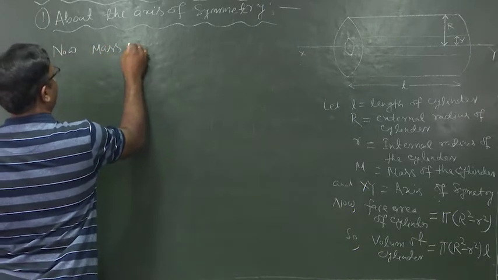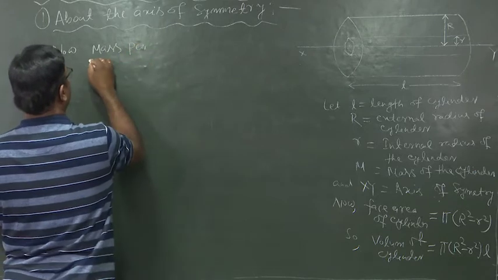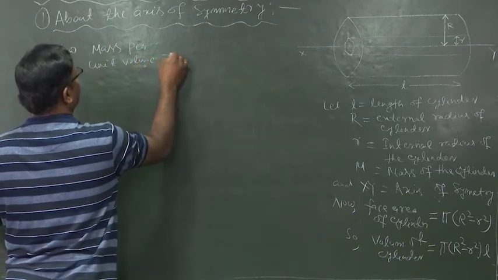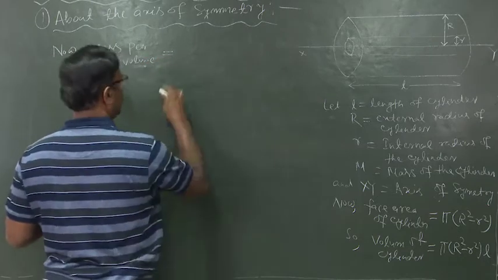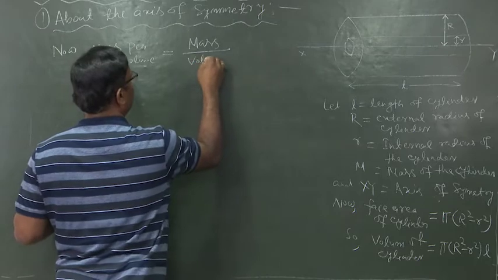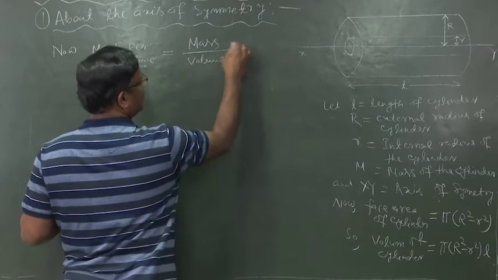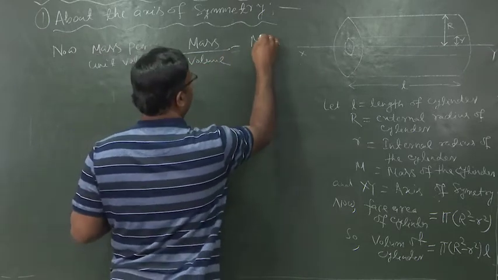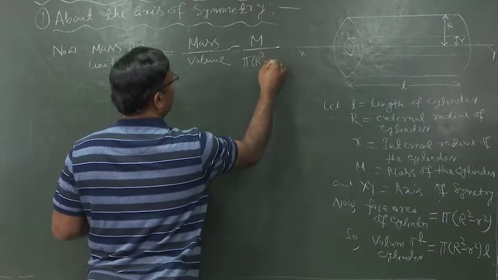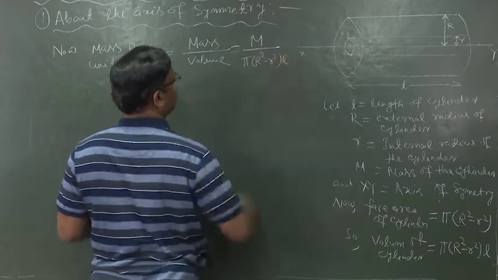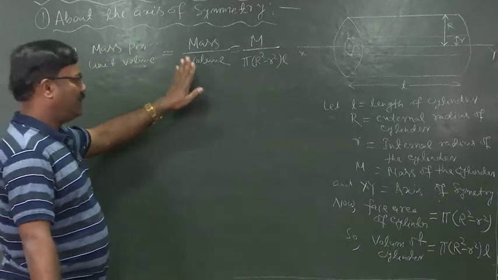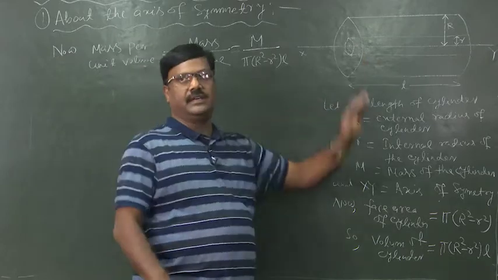Mass per unit volume is equal to mass divided by volume, which is equal to M by pi times R square minus r square, into L. This is the mass per unit volume of the cylinder.